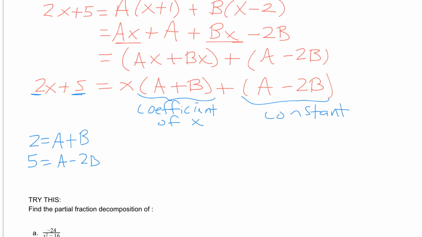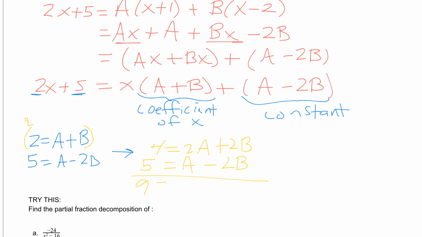And then I want to solve this system. What I'm going to do is take this first equation here and multiply it by 2, and I can eliminate my b's. So I have 4 equal to 2a plus 2b. The bottom equation stays the same, 5 equals a minus 2b.